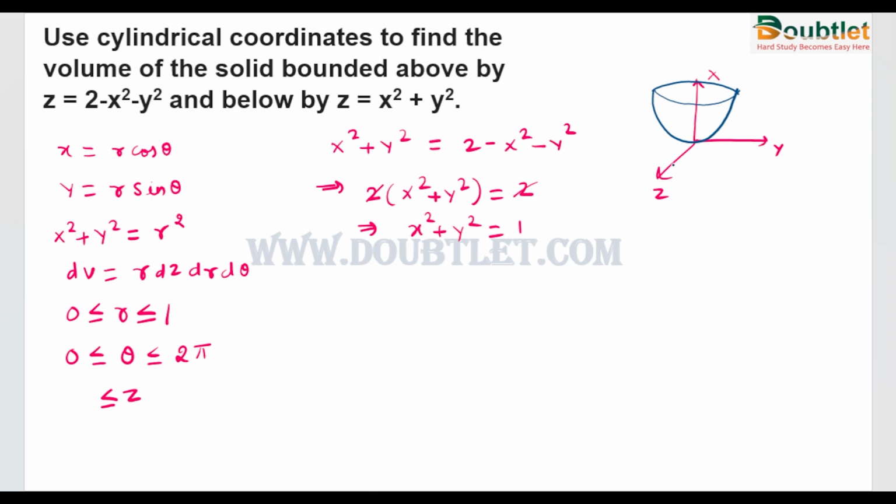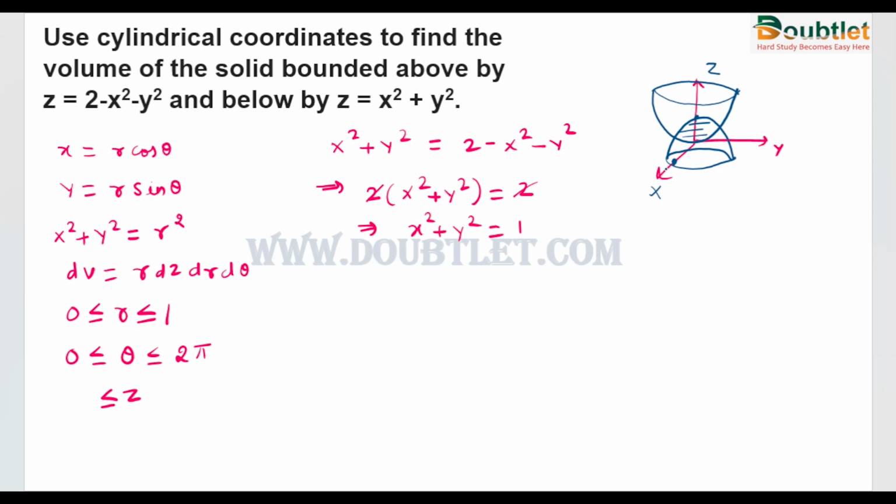So this is the x axis, this is the z axis. So if we try to draw this in 3-dimensional space, it will look something like this. So this will be the bounded volume.